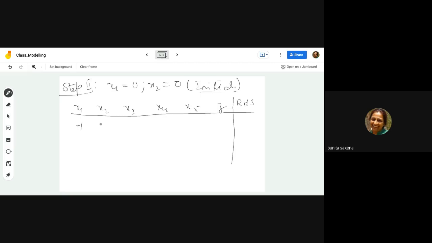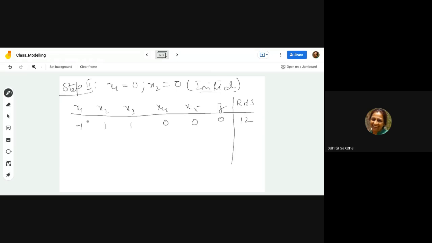Coefficient of x2? 1. Coefficient of x3? 1. Coefficient of x4? 0. x5? 0. Z? Is there any z in the first constraint? No, ma'am. So what is the coefficient? 0. And what is the right hand side of the first constraint? 12. So this becomes your first row.